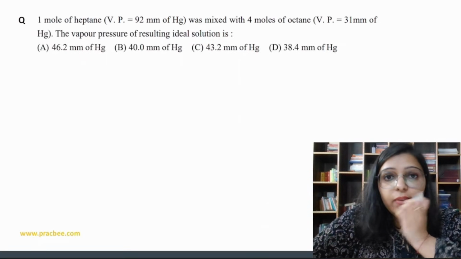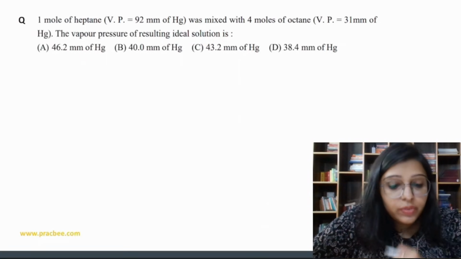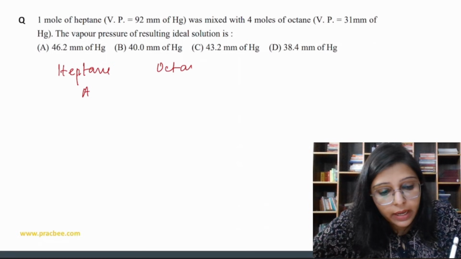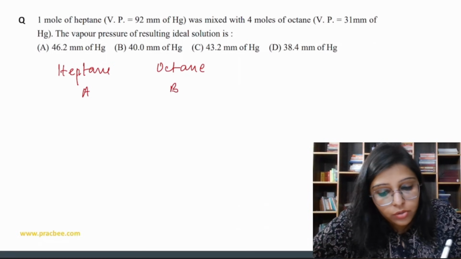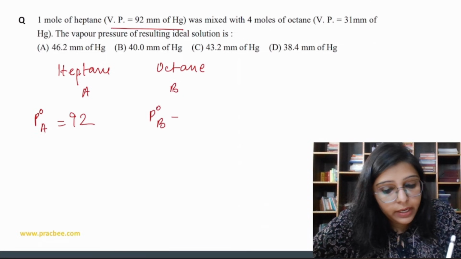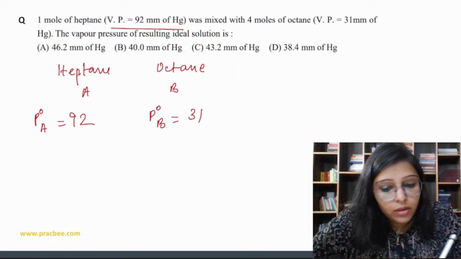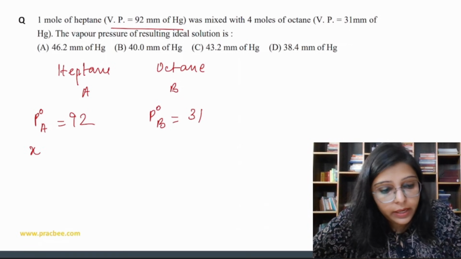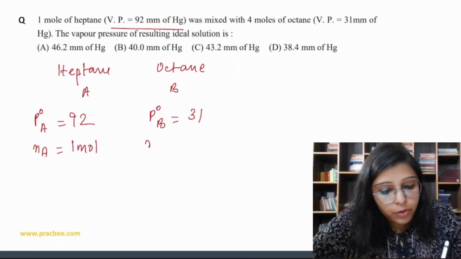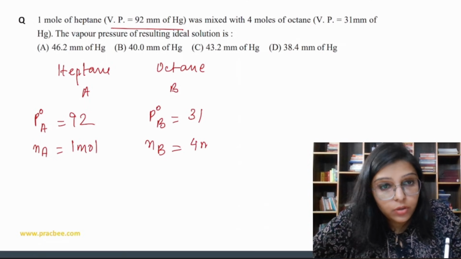The next question says 1 mole of heptane was mixed with 4 moles of octane. So heptane I am writing as A and octane I am writing as B. So vapor pressure of heptane, it means P naught A, is given 92 and P naught B is given 31. 1 mole of heptane means number of moles of A is 1 mole and number of moles of B is 4 mole.